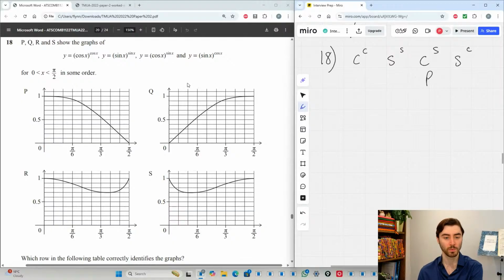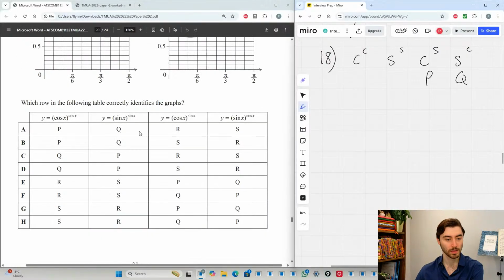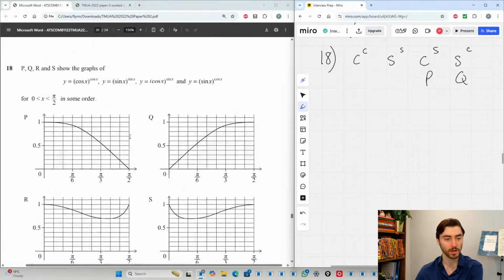So 0 to the 1 is 0, so that is q. Okay, so now let's consider R and S, they've probably given every possibility, haven't they? Cos to the sine is, so these are the P's and Q's. Yeah, the R and S in some order. Okay.